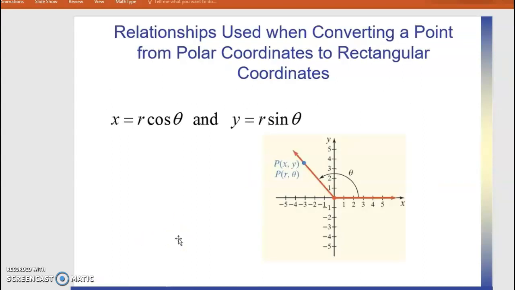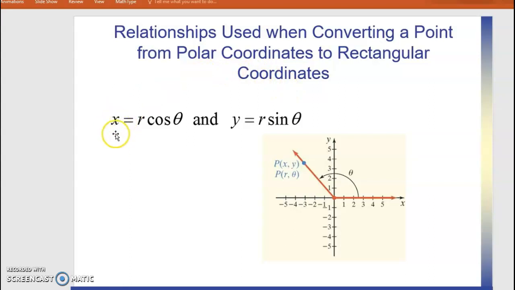Well, hopefully you paused and watched the video. It brings a deeper understanding to what we are covering on this slide. Relationships used when converting a point from polar coordinates to rectangular coordinates.